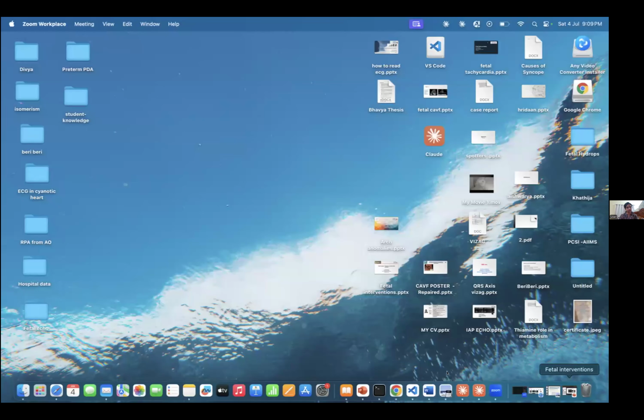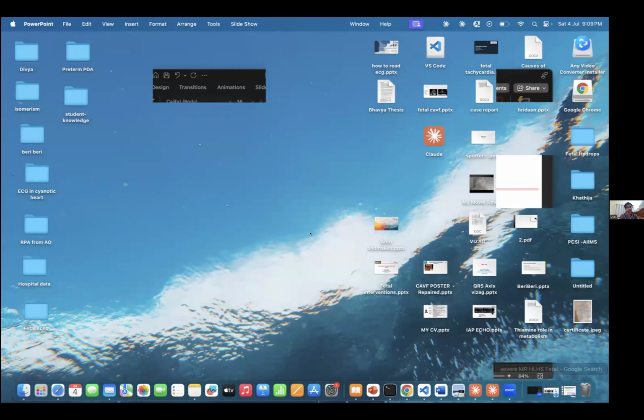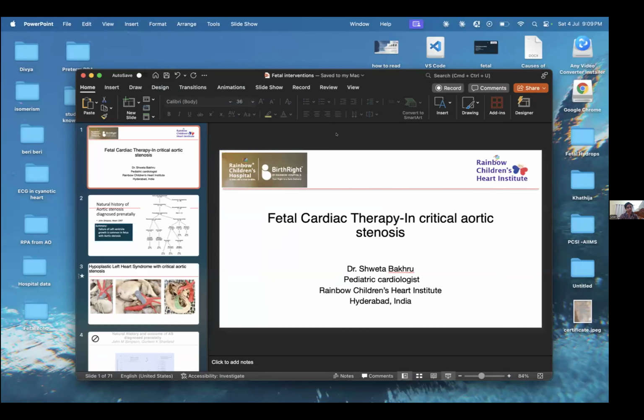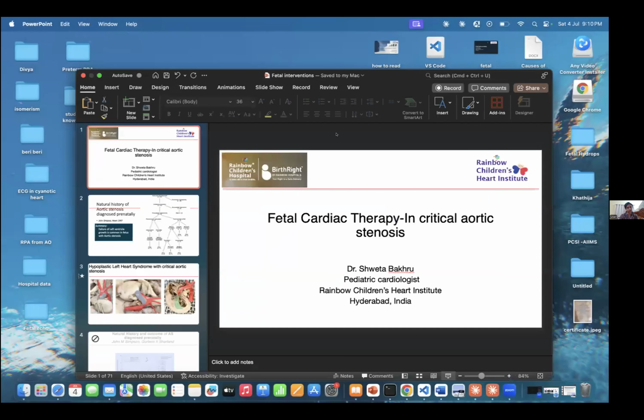Yes. So, to summarize your points, for people who are listening, if you come across aortic stenosis in the mid trimester, whatever the findings, there's a criteria, which probably the next speaker is going to tell, the scoring system, whether it is suitable for aortic valve dilatation, or impending HLHS, which is going to progress to HLHS, is possible.